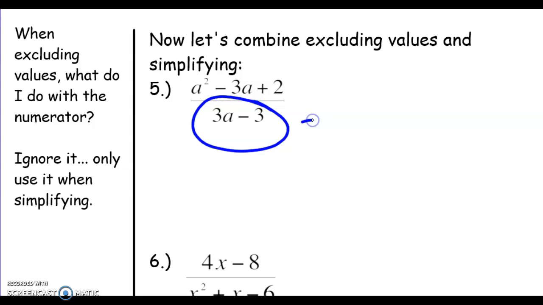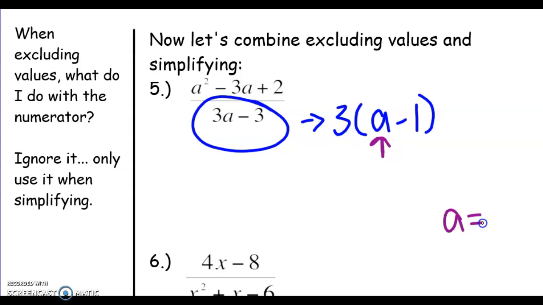I'm actually going to take that 3 out, and so I'm going to get a minus 1. Okay, do you see how there's just one variable? So that means there's one excluded value. What's the one thing a can't be? a can't be 1, because 1 minus 1 would give you 0 on the bottom.